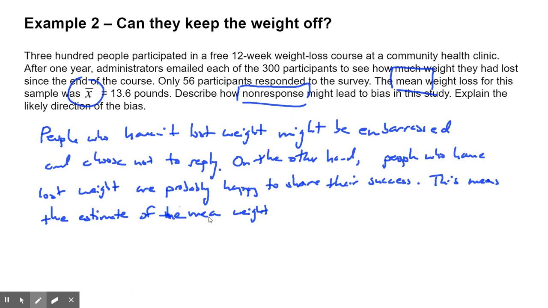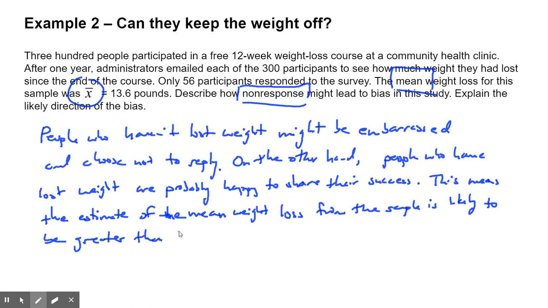So this means the estimate of the mean weight loss from the sample is likely to be greater than the true mean weight loss for all 300 participants in the course.